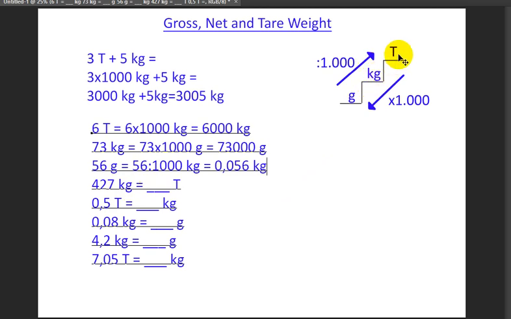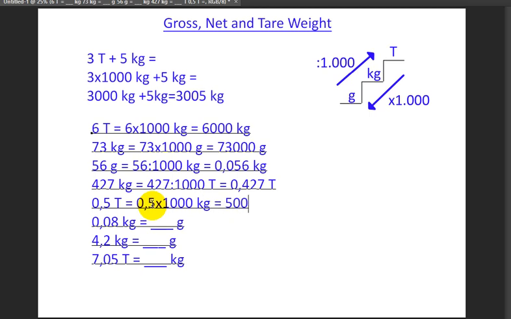To go from kilograms to tons, we divide this number by 1,000. So we do 427 divided by 1,000, and this gives me 0.427 tons. Next up, we have 0.5 tons. We want to go to kilograms, so that's a step down. So we do 0.5 times 1,000, and this gives me 500 kilograms.